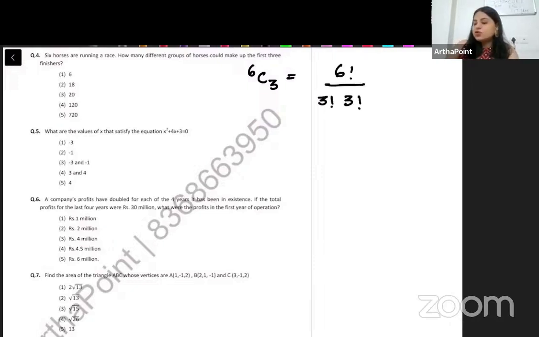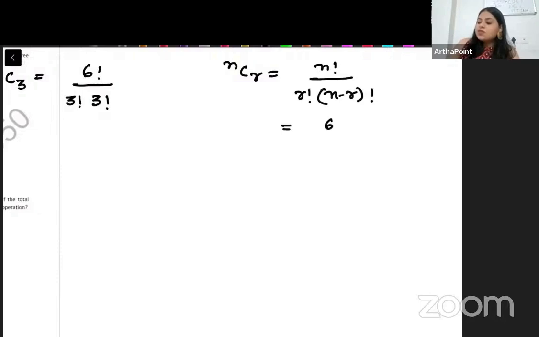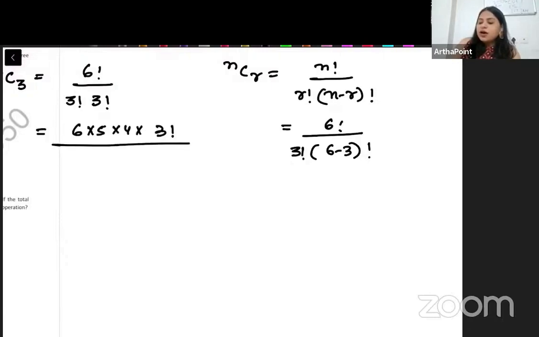How did this come about, beta? We should know this. So nCr is n factorial over r factorial, n minus r factorial. So 6C3 will be 6 factorial over 3 factorial, 6 minus 3 factorial. When I solve this, I will get 6 into 5 into 4 into 3 factorial upon 3 factorial, 3 factorial.